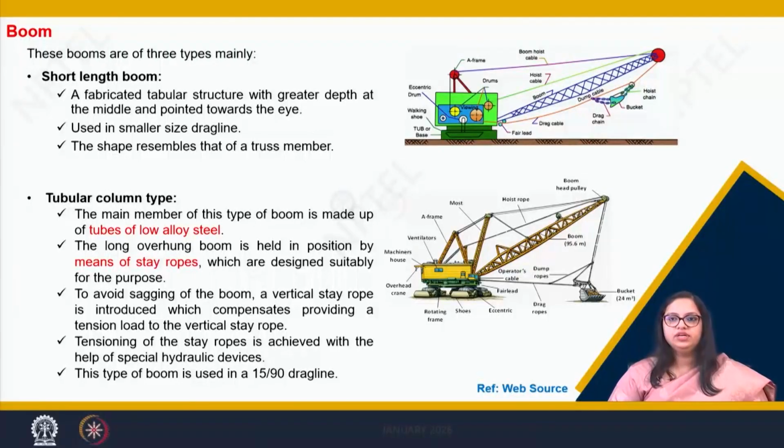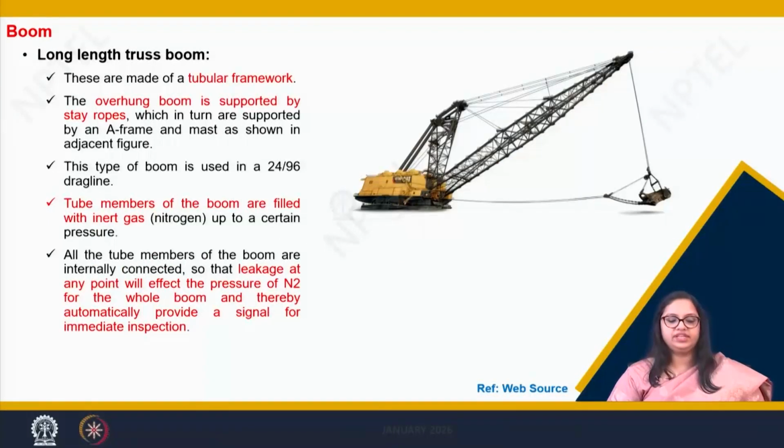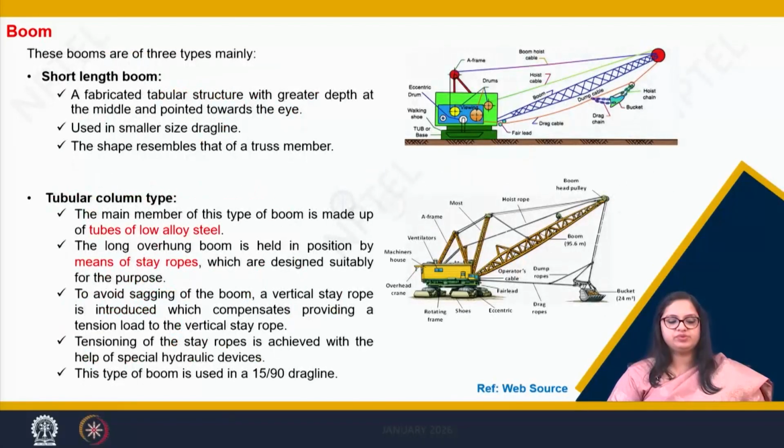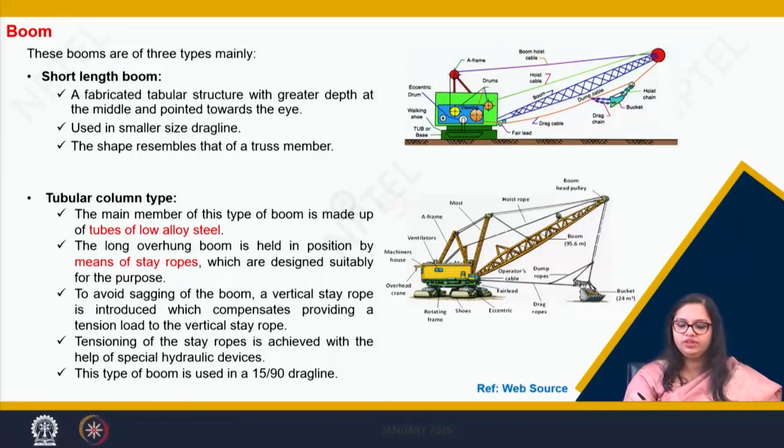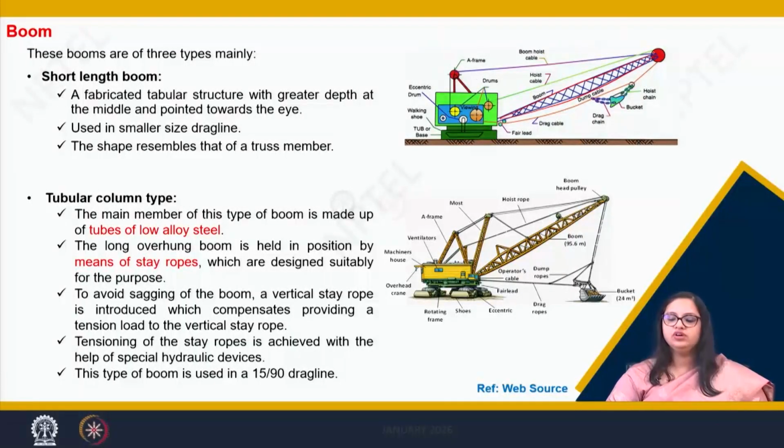Now, coming to boom, the boom can be of three types. It can be a short length boom, it can be a tubular column type boom, or it can be a long length truss boom. What is the difference between these three is first their length. When we talk about a short length boom, you can see here this boom does not have a very large length, and it looks in the form of an eye.